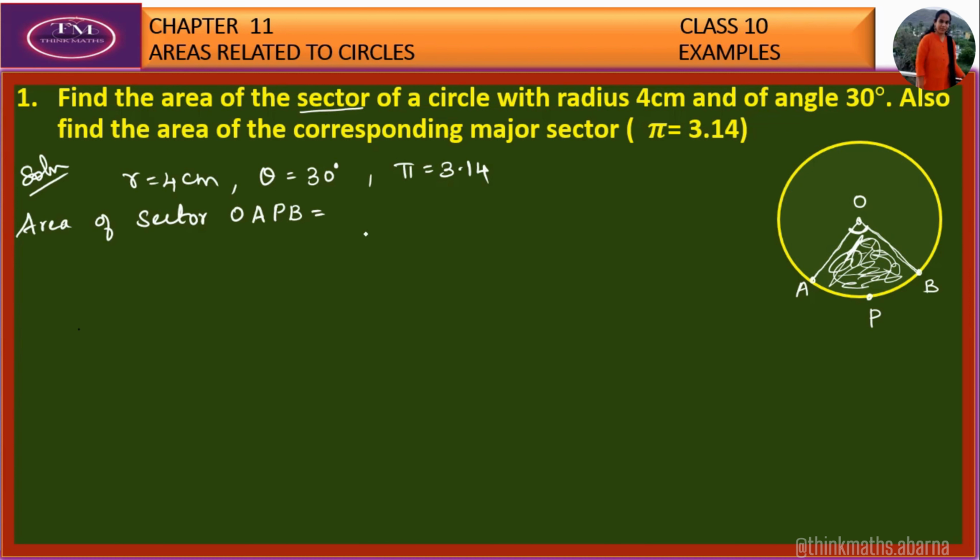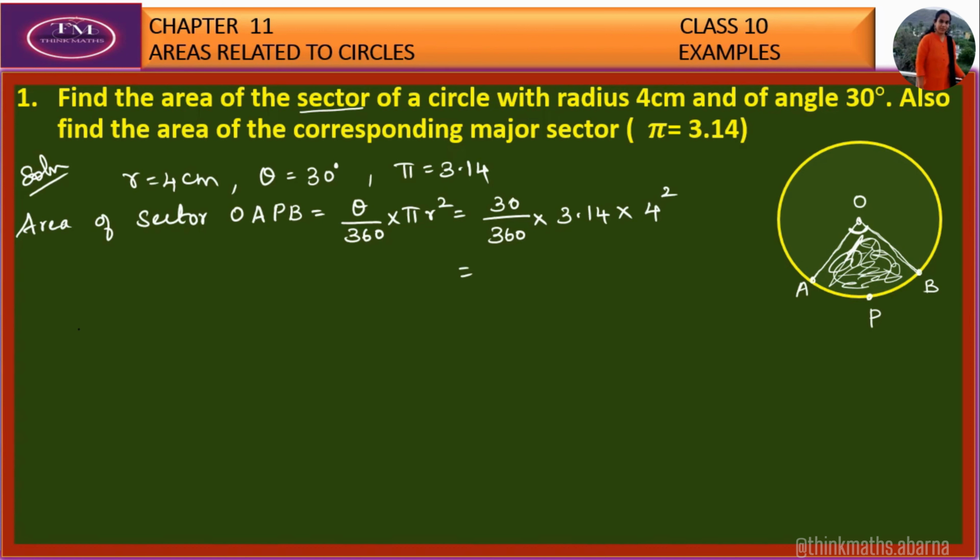What is the formula for area of sector? It is nothing but theta by 360 into pi r square. What is theta? 30. So 30 by 360, pi is 3.14, into r square. What is r? It is 4. So it is 4 square.